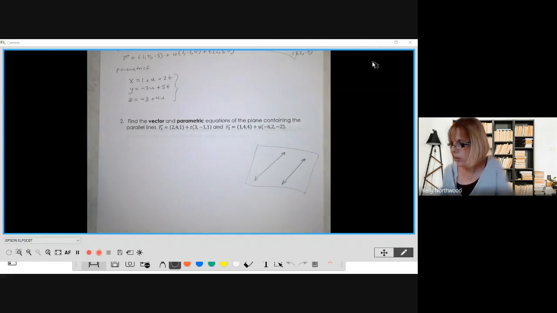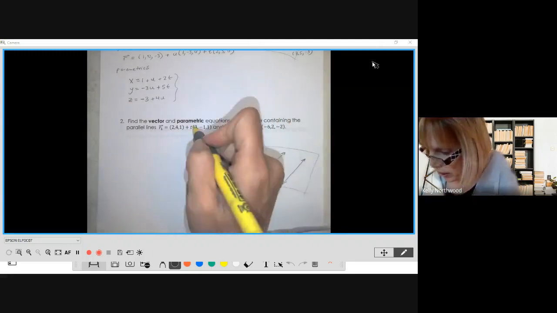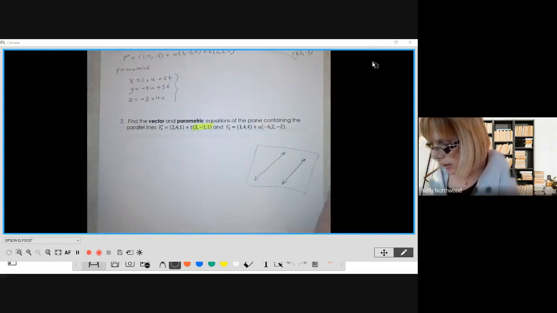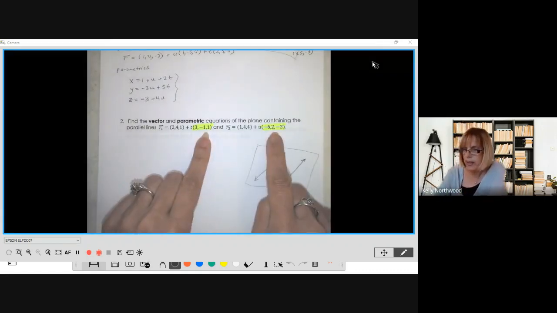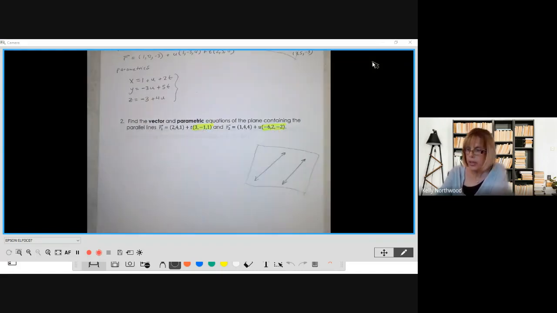So if I look at the 2 lines that are given here, there's the direction vector of the first line, and there's the direction vector of the second line. And we can see that they're parallel because they're scalar multiples of each other. So really they're both the same direction. So I can only use one of them as one of my direction vectors.